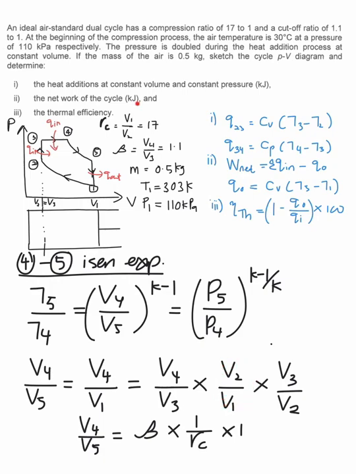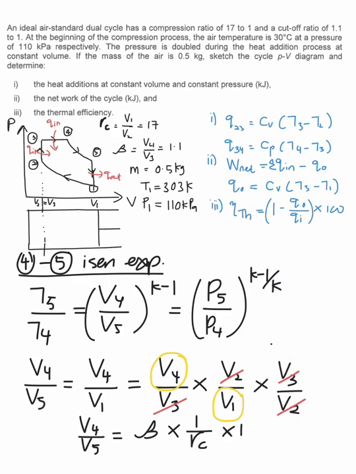But your RC is V1 over V2. Now you invert it, so it becomes V2 over V1. In order to get your V4 over V1, what you need to do is cancel out the term V3 with V3, and the other one is V2 with V2. So that leaves you only V4 and V1. Then only it will be equivalent with this one here.